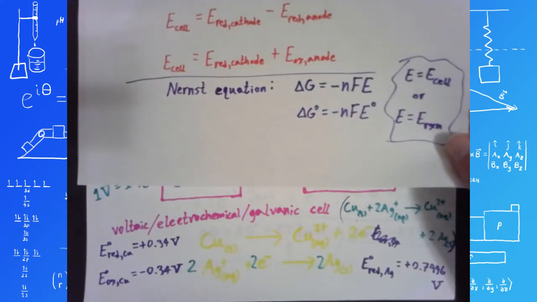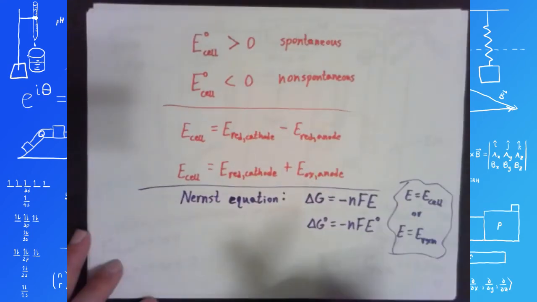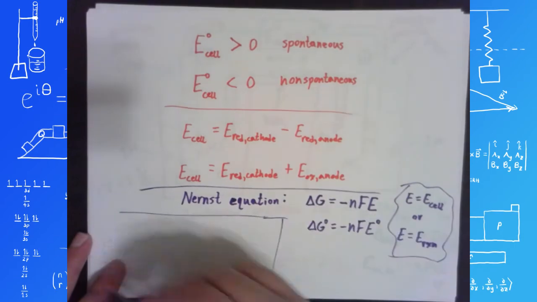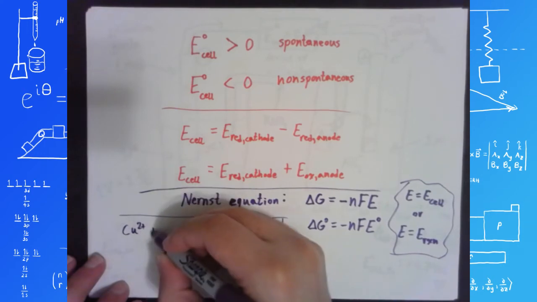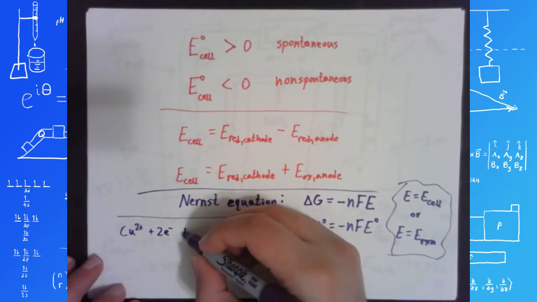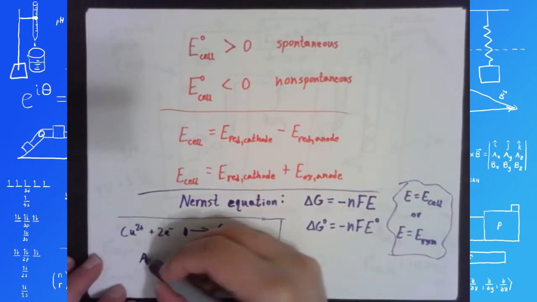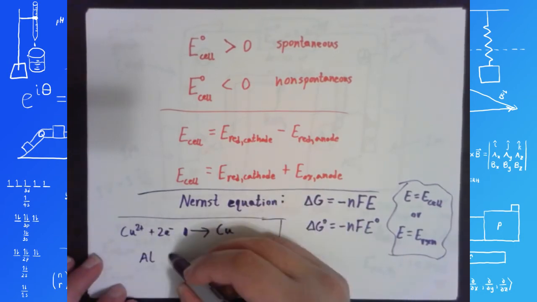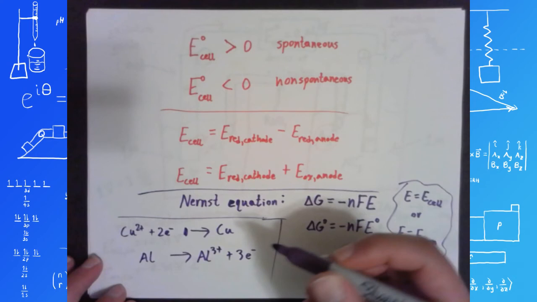If I did copper against aluminum, let's do it here as an example. Aluminum is higher in activity, so aluminum will get oxidized, copper will get reduced. So that's copper 2 plus 2 electrons yields copper metal, and then aluminum solid becomes aluminum ion plus 3 electrons.